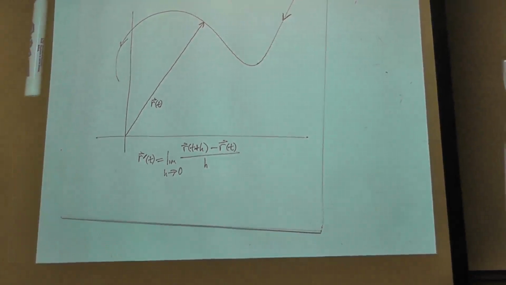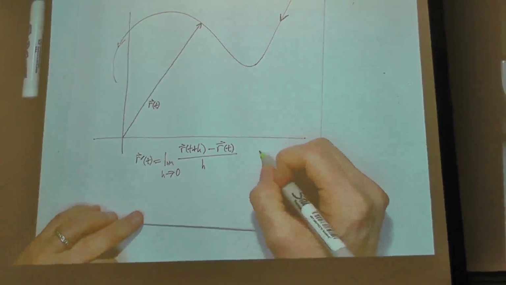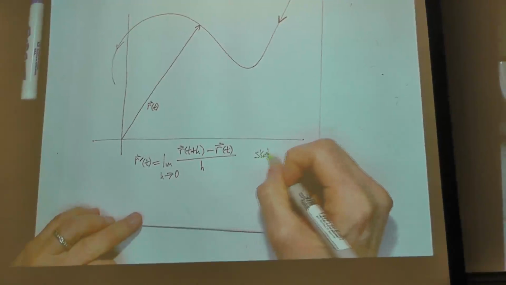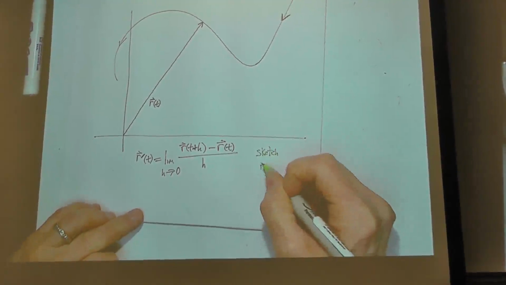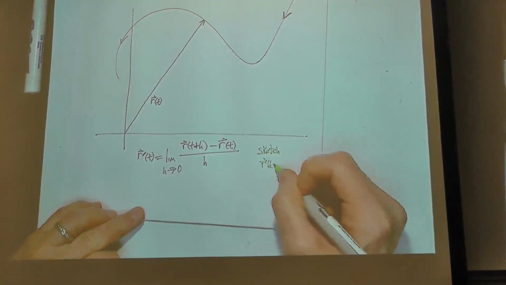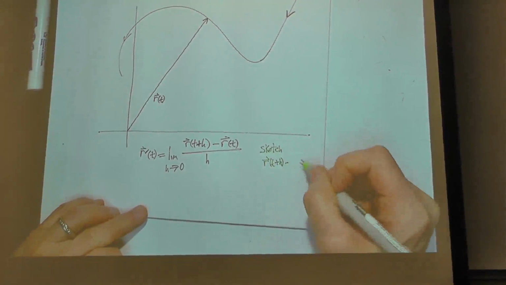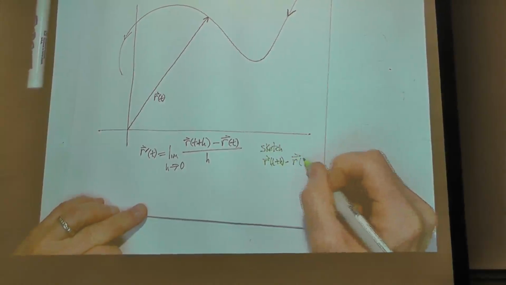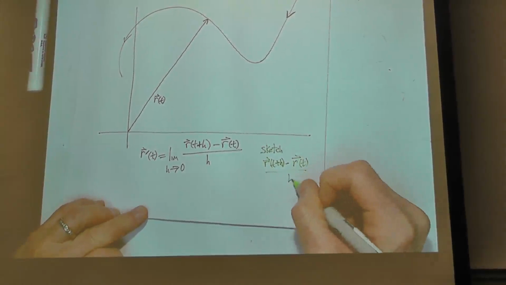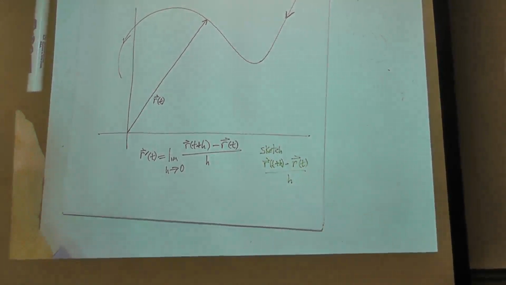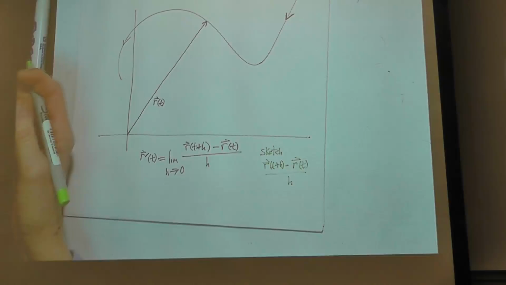Now here's what I want to do. I would like to sketch in R of t plus h minus R of t over h. To do this, I have to know if h is positive or negative.